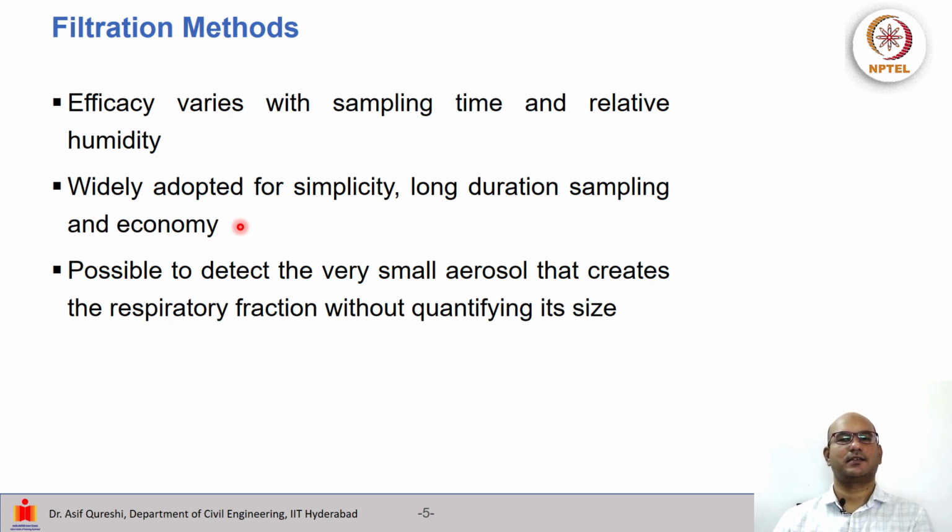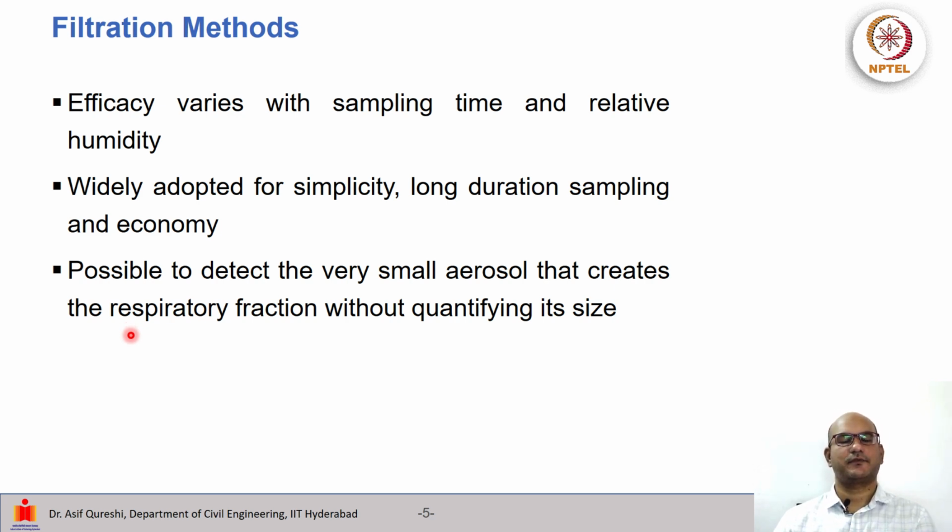Because of the lower size range that we can obtain through this filtration, it is possible to detect the very small aerosols, to the size that can create respiratory implications for humans.